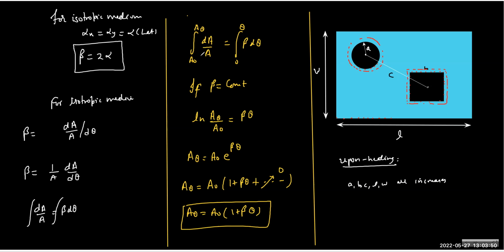Now if I give you a ring, this is very counterintuitive, and if I say upon heating, the gap will increase. Upon heating, D increases. That's simple. If you're heating something, everything increases. It will become a bigger gap and a bigger ring also.